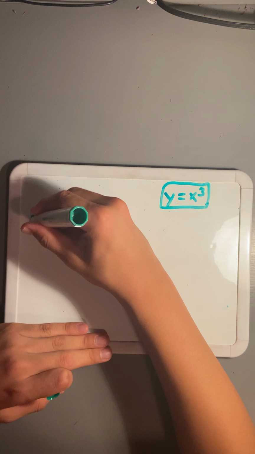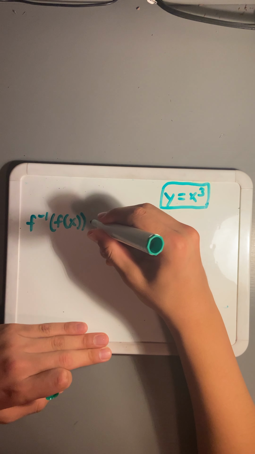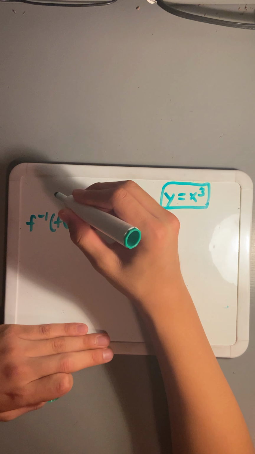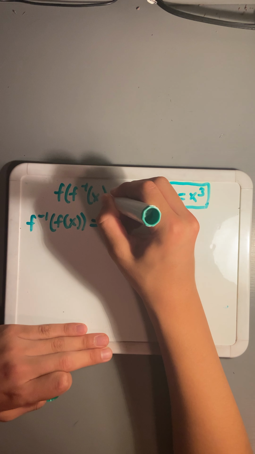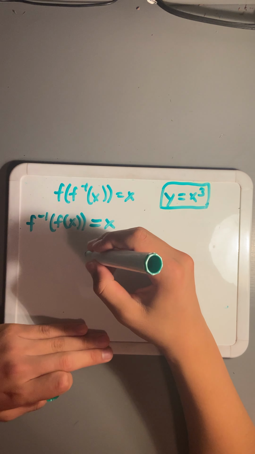So first, let's break this up into two parts. This must equal x. The inverse of the function must equal x. And the function of the inverse of x must also equal x. So let's start with this one first.